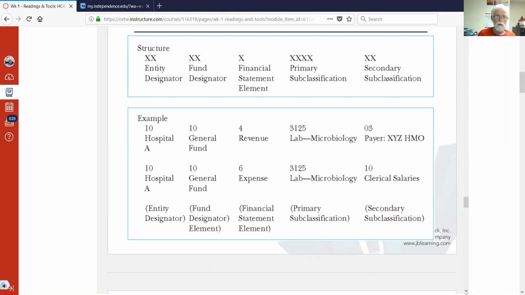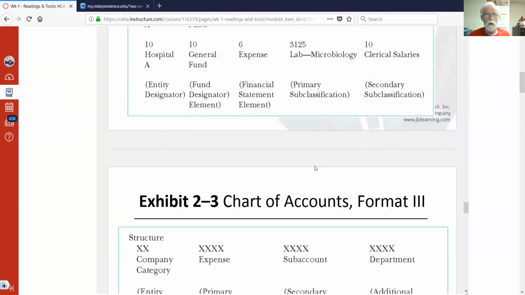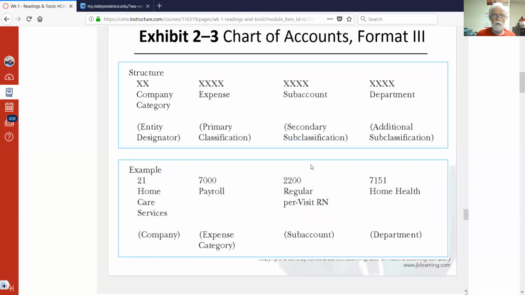The fund designator, there's some general funds, usually some sort of element. Then we have revenue or expense. We might describe, say, a lab, and then maybe who's actually paying or who's being paid out. This is an expense, so clerical salaries. Also lab tech salaries. So there are yet others that can be used.